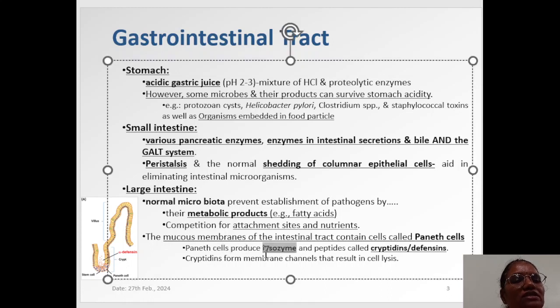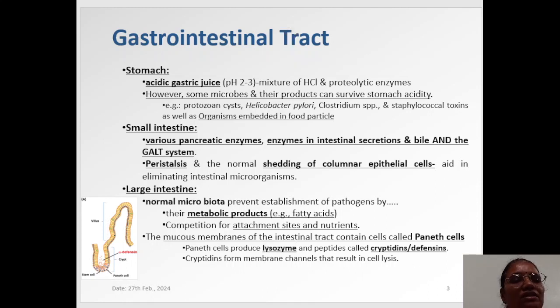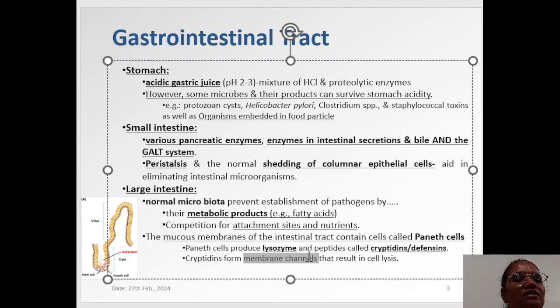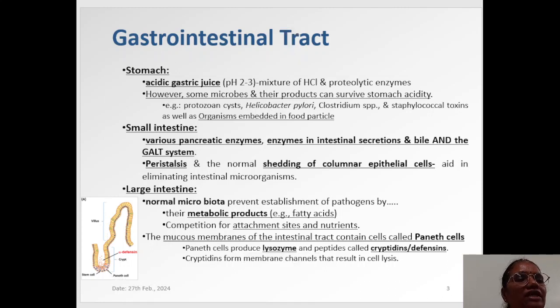Lysozymes secreted by the Paneth cells also remove the pathogen by inhibiting peptidoglycan synthesis. Cryptidins, basically speaking, are channel forming peptides, creating a channel in the pathogenic cells and trying to eliminate them. This is shown here in the diagram in brief.